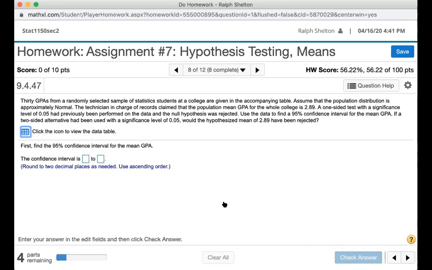So we're on 8 of 12 on homework 7. So I'll continue from there. I'll make another video where I start on this problem and do the rest of them, and I'll post a link to it on Blackboard, okay?